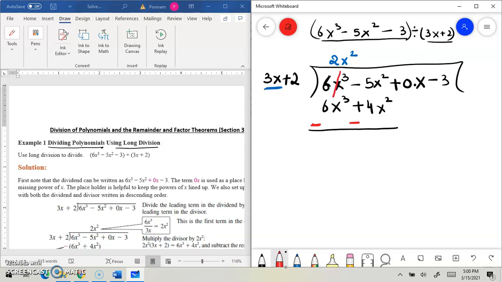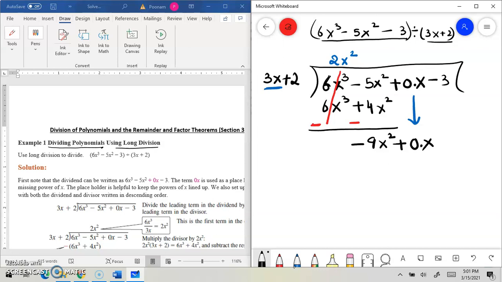6x cube minus 6x cube cancel. Minus 5x square minus 4x square would be negative 9x square. And the next term comes down, that is plus 0 times x.